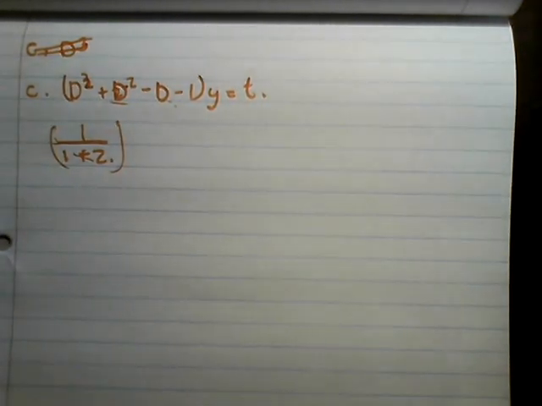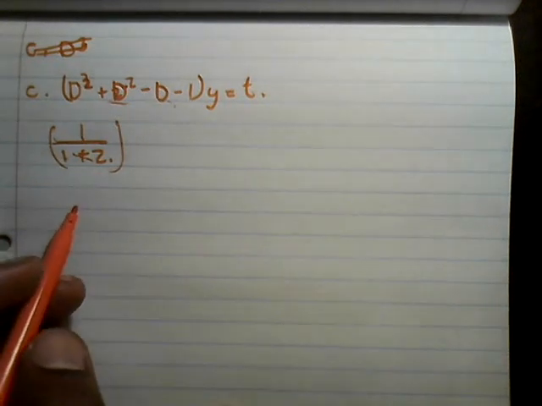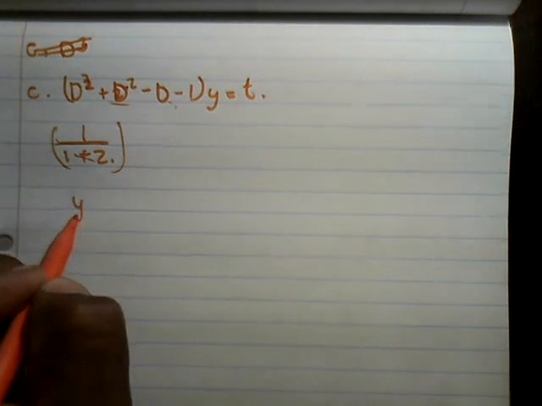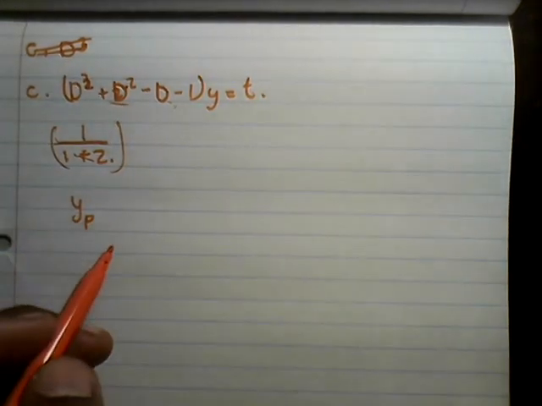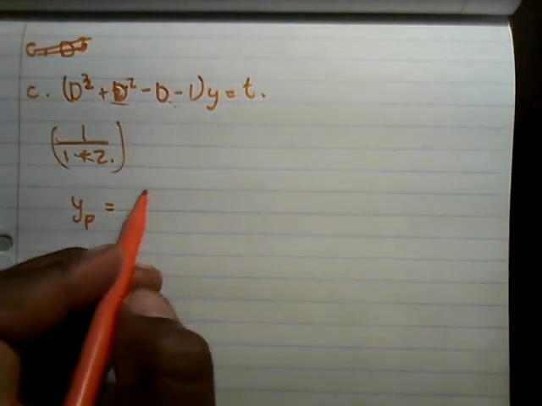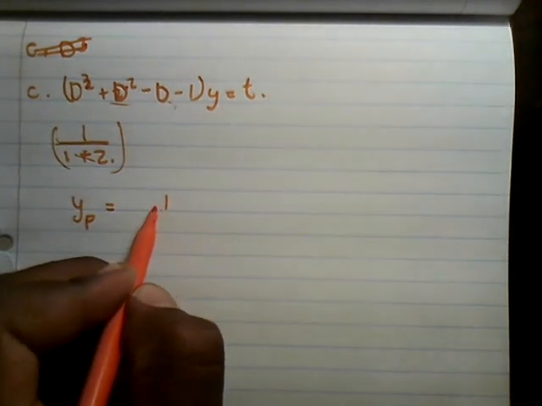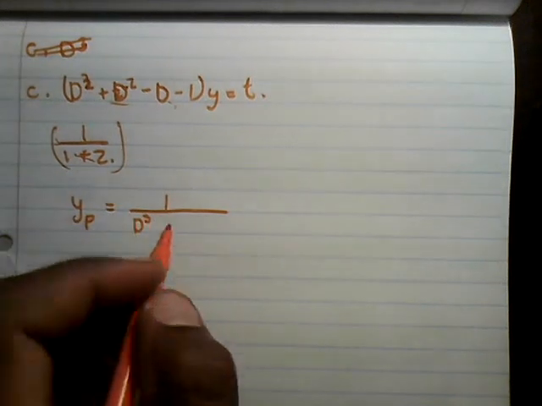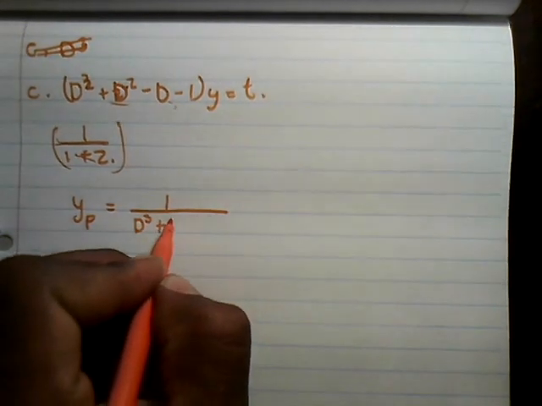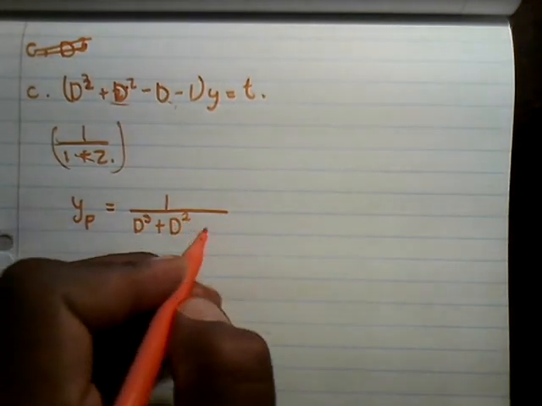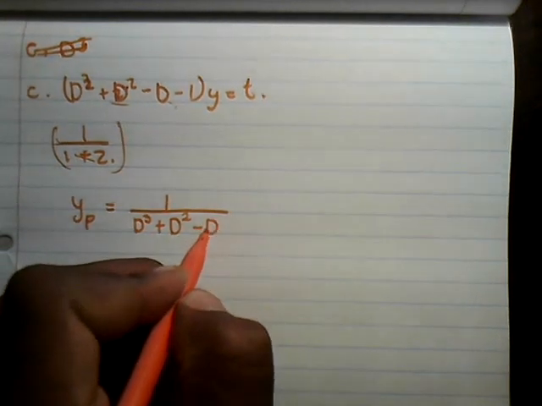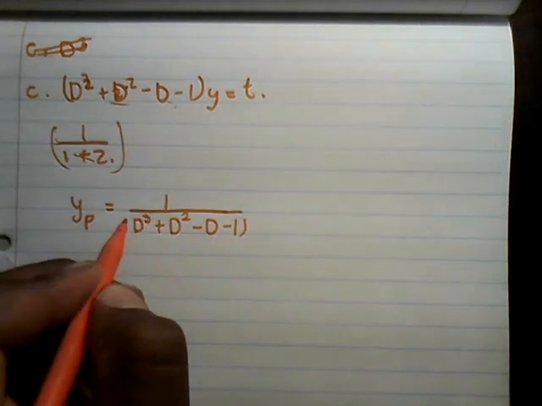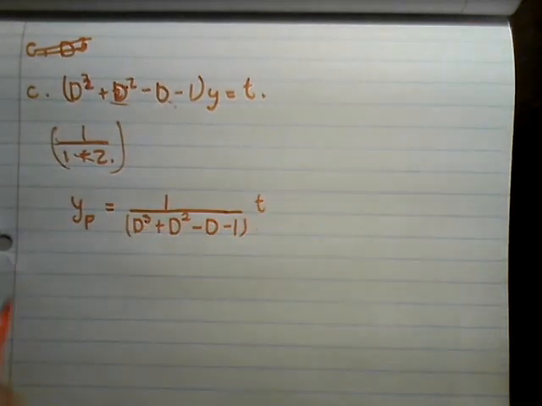The first step: yp is equal to 1 over D cubed plus D squared minus D minus 1, multiplied by t.